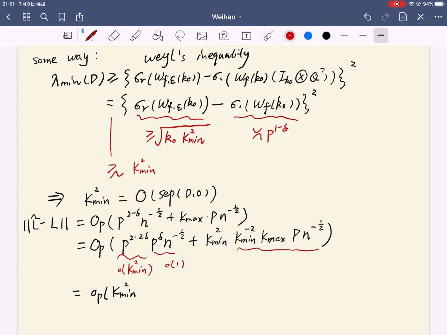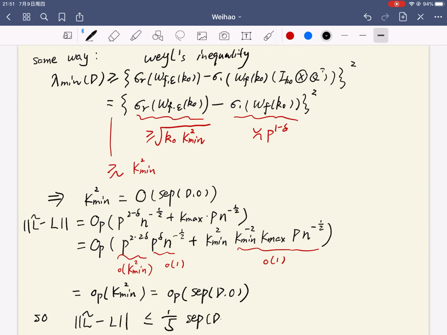Here this is also little o1, which is little o in probability of the suppression. So we have the condition holds with high probability.